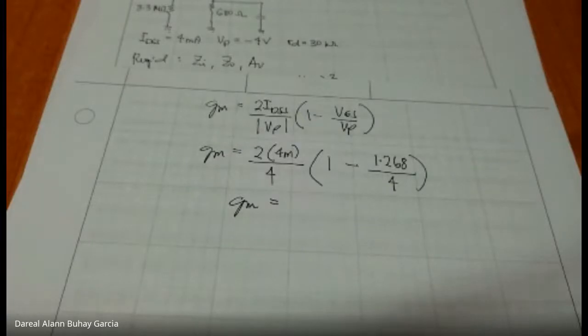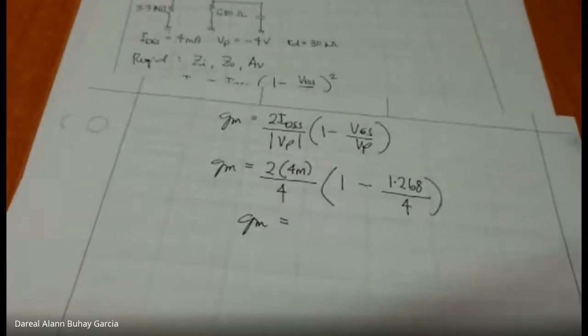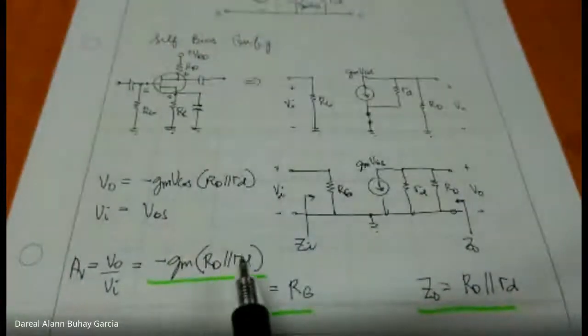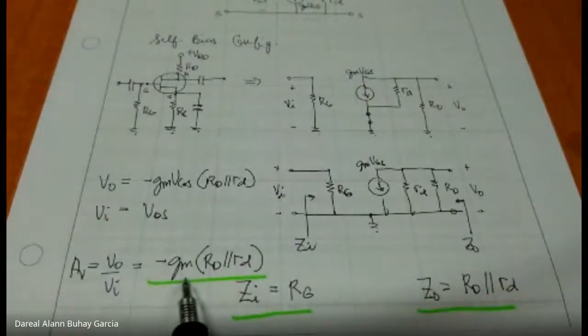What is the unit of GM? Per ohms, since the reciprocal of ohms.